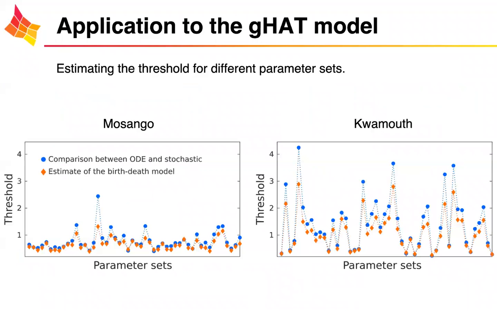Of course, we have different health zones, and for each health zone, we have a posterior of parameter sets, and they give different dynamics. Here, I compared the threshold that we calculate from our approach, this SIS model approach or birth-death model, with the threshold that we estimate by comparing stochastic and ODE solutions.